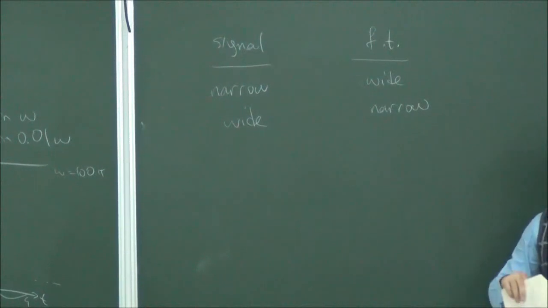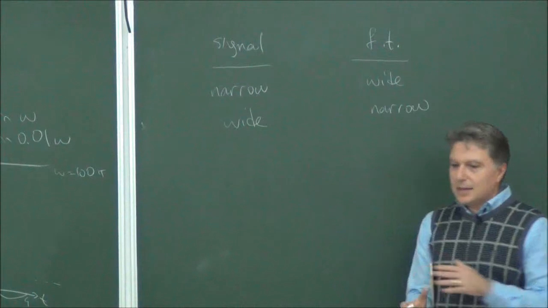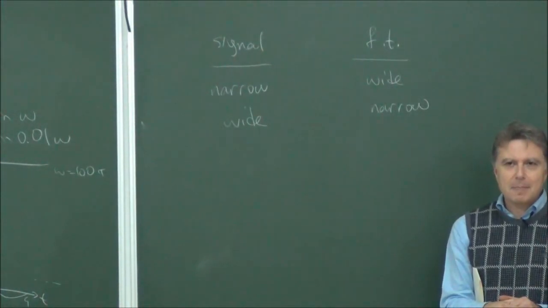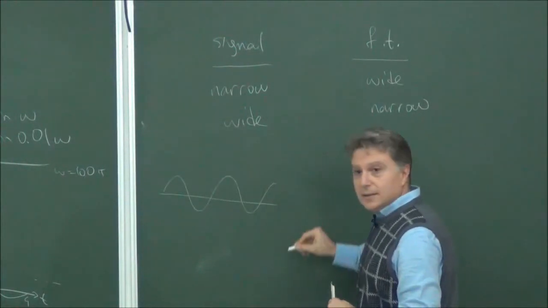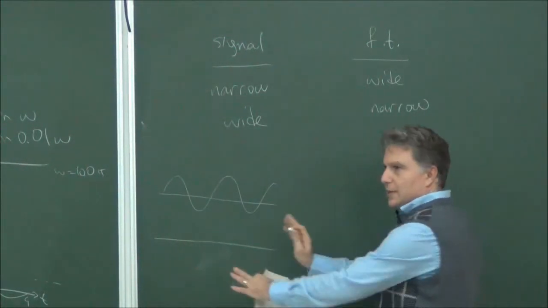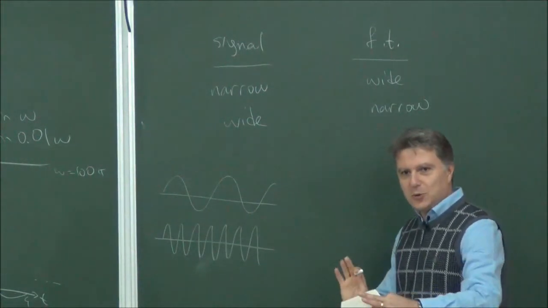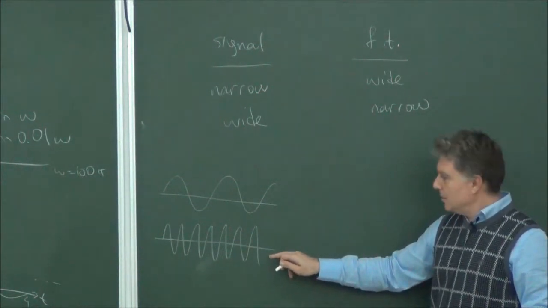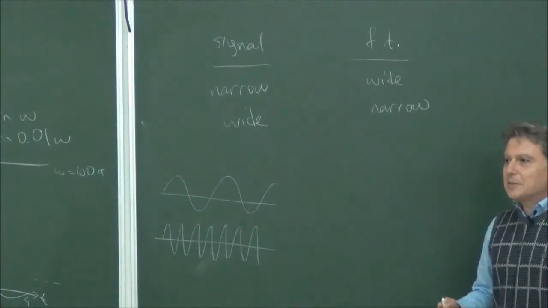That's a duality property that always happens, because when you make a signal narrow, it means you are increasing the frequency. For example, this is a wide sinusoid. Just squeeze it from both sides. This will be a narrow squeezed sinusoid. Which one has higher frequency? This one, of course, not this one. What does a high frequency mean?